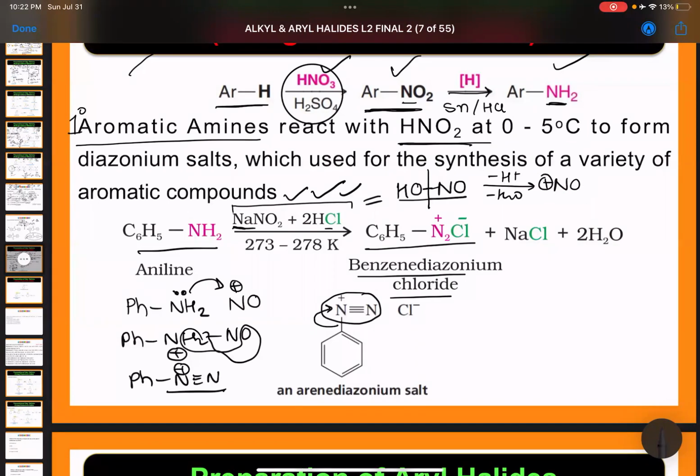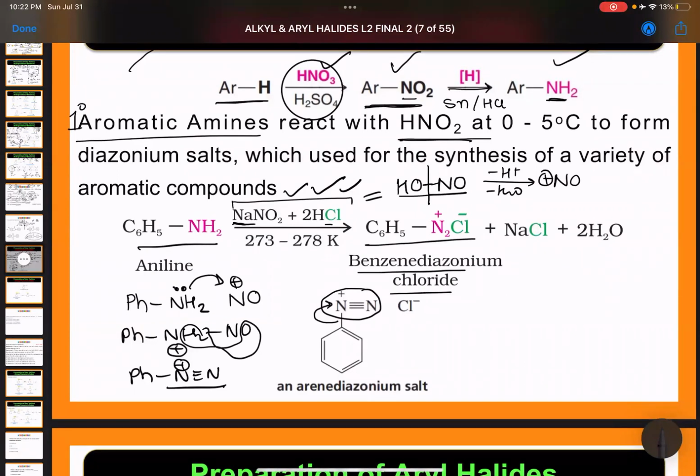It is the N2 itself. You people know that our atmosphere has more than 70% nitrogen. So why is it in such a large amount? Because nitrogen is very, very stable. It is unreactive. So if you have N2 plus connected to benzene, what is going to happen? This N2 plus will break away as N2.